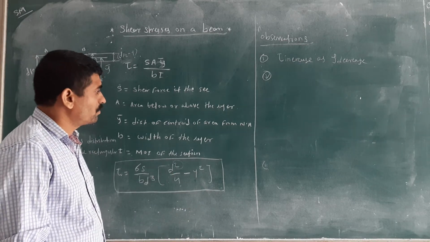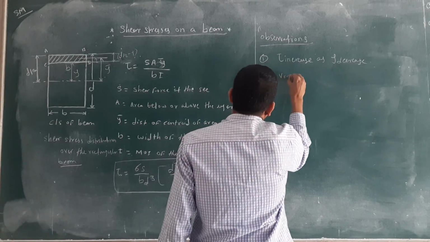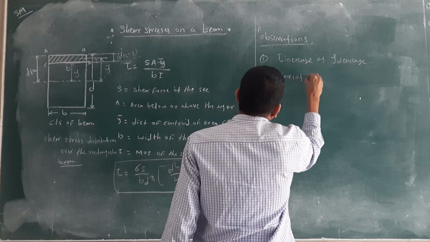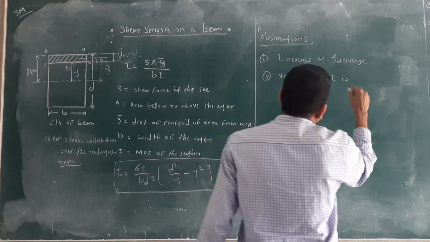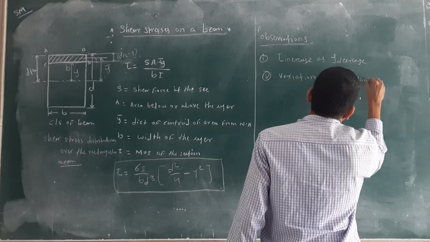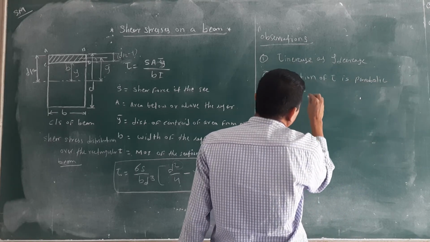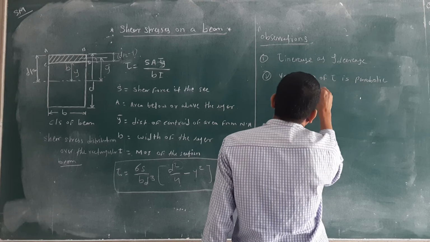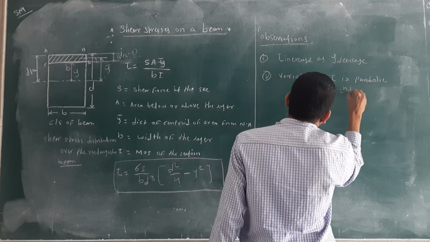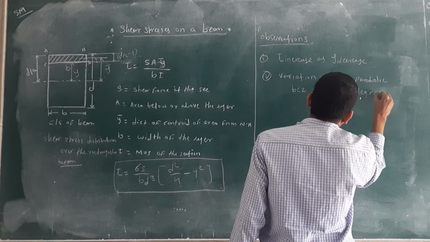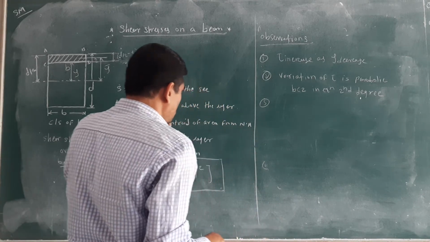That's why we can say the variation of tau is parabolic, because in the equation we get a second degree equation.